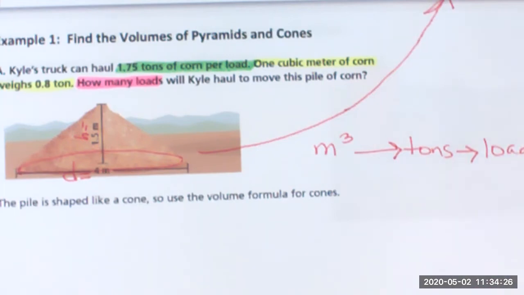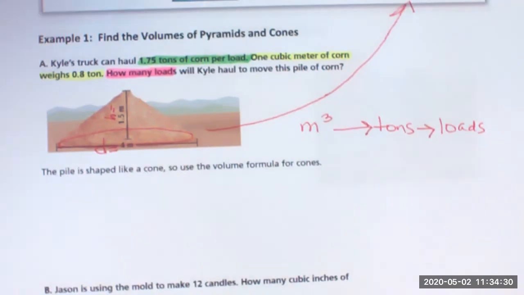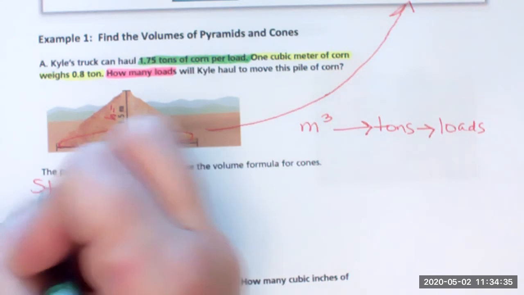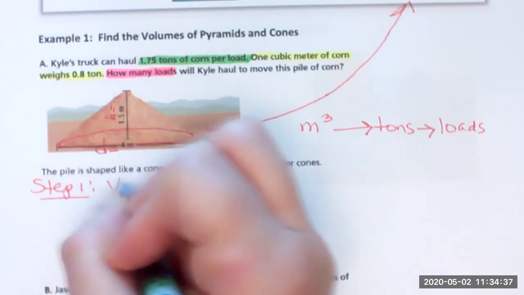That's our plan. If we make a plan of what we're going to do in steps, those are the steps. So step 1, let's find the volume of the cone.